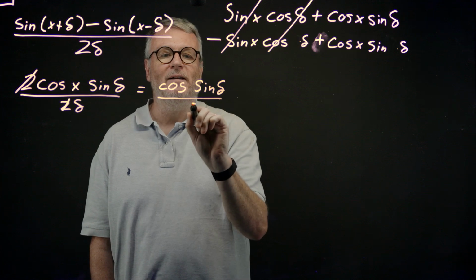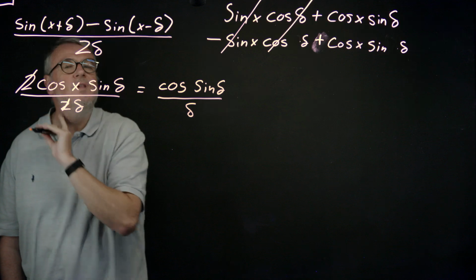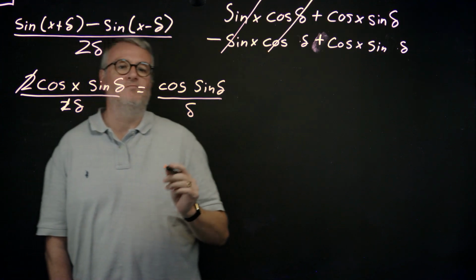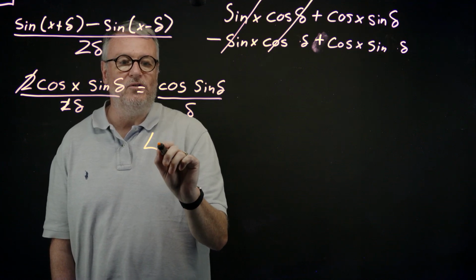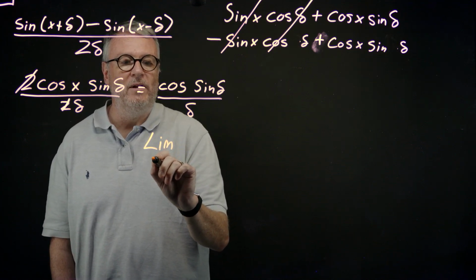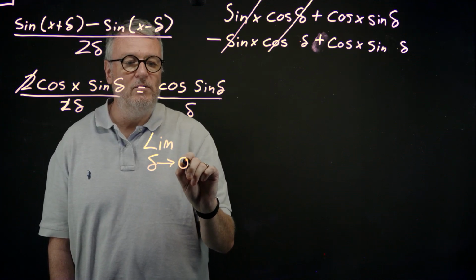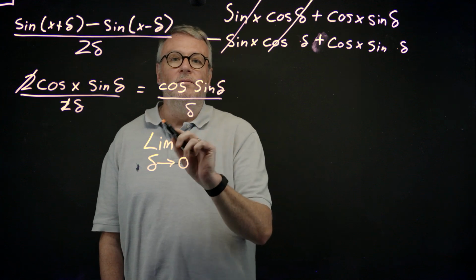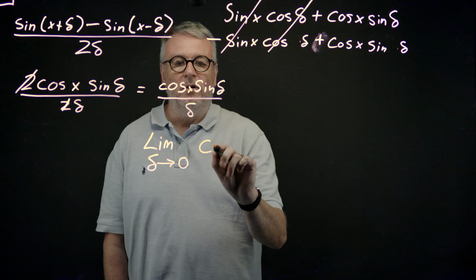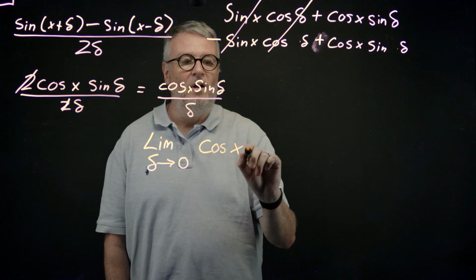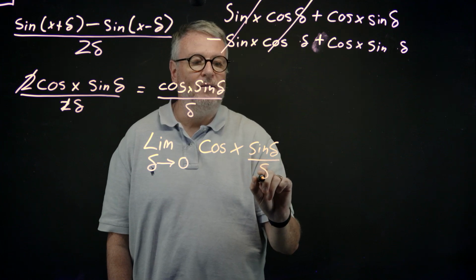divided by delta. Now I want to know what happens when delta gets really, really small. In fact, it gets infinitesimally small. We have a way of writing this in mathematics. It's called the limit, and we say what happens in the limit when delta tends towards 0 of the cosine of x multiplied by sine delta over delta.